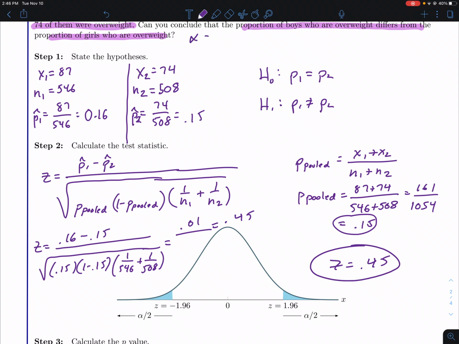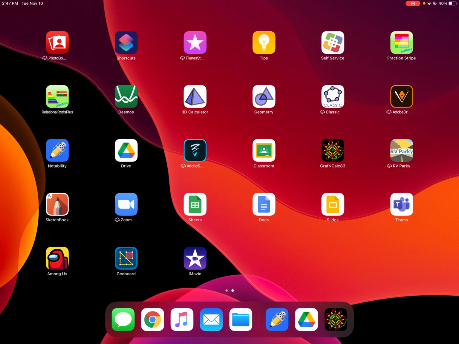So in this case, since alpha wasn't given, that means our alpha is 0.05, which means that if I divide this into half, that would give me 0.025 here and 0.025 there. So from there I can use inverse norm, because again we're doing plain old inverse norm stuff, and calculate that lower z-score by doing just 0.025.